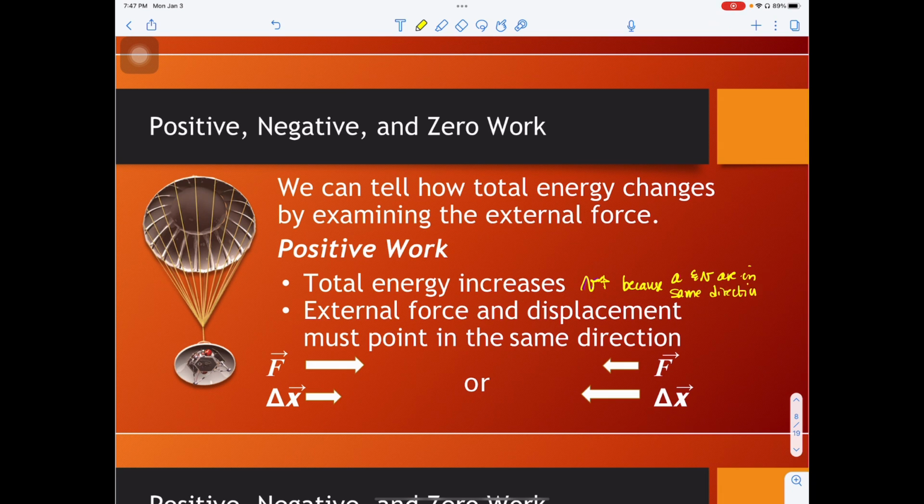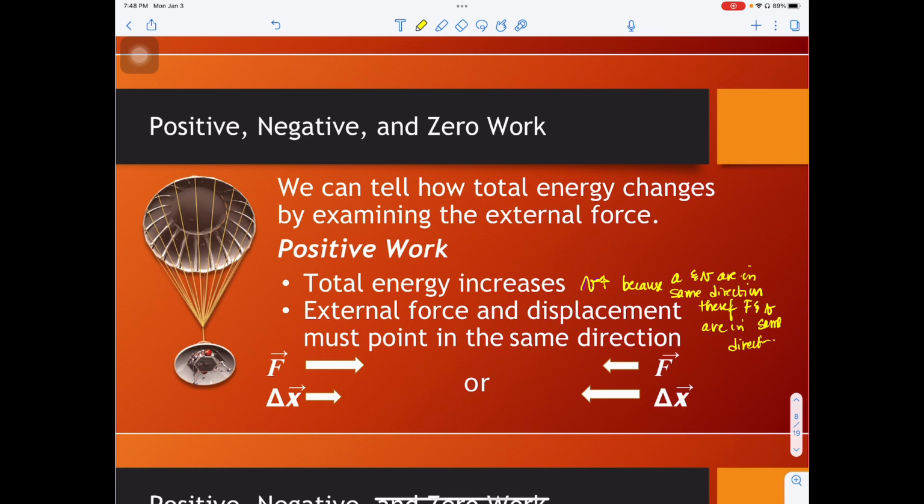Remember that to speed up, acceleration and velocity are in the same direction, and therefore we know that F and V are in the same direction. So we are going to call this positive work. We are increasing the energy of the system.